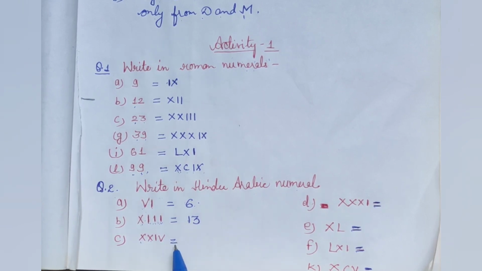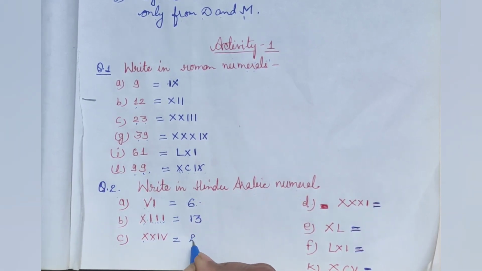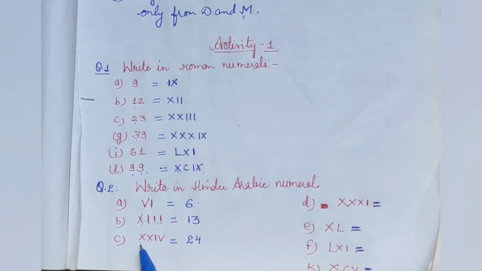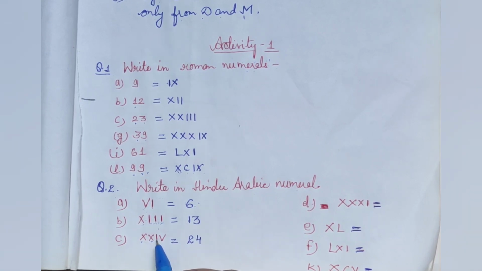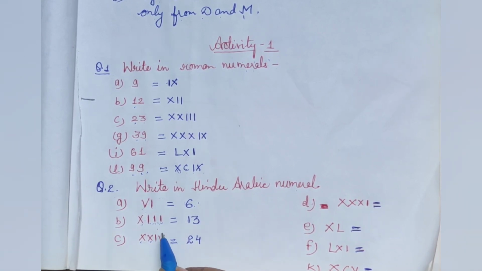XXIV, that is equal to 24. X is equal to 10. X is repeated 2 times, so its value is 20. I is equal to 1. V is equal to 5. As V is the greater value and I is the smaller value, according to the rule, the smaller value comes before the greater value, then we subtract.